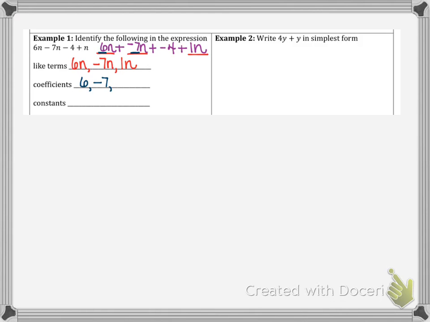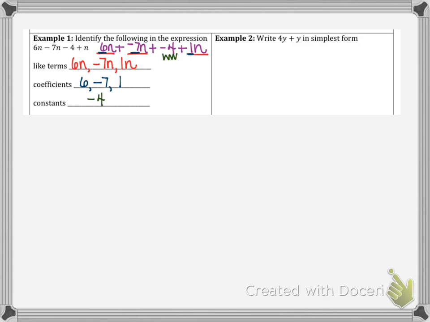And also 1 is the third coefficient. And then the constants are just plain numbers. So the just plain number in this expression here is negative 4. So that's our constant.